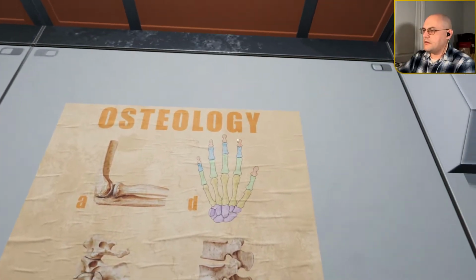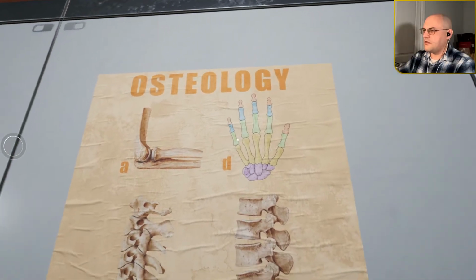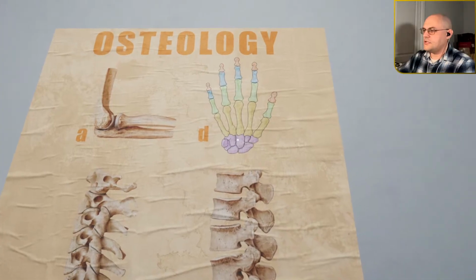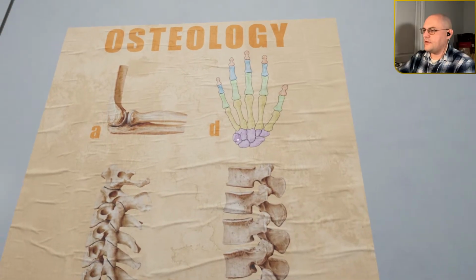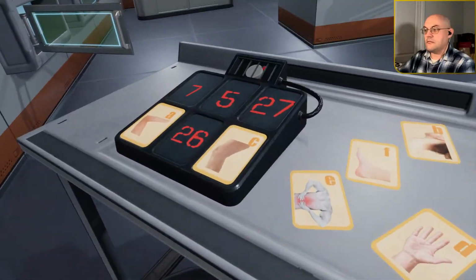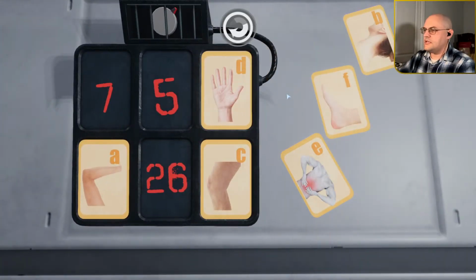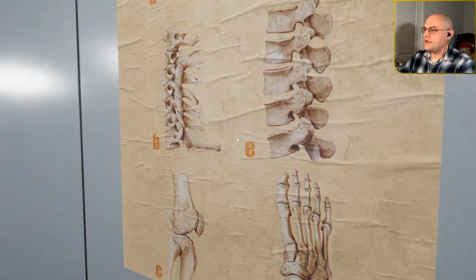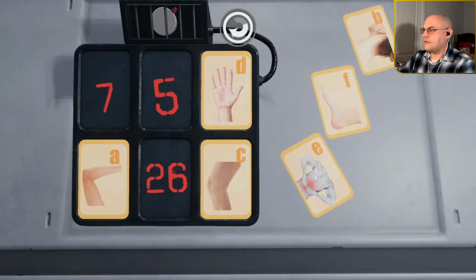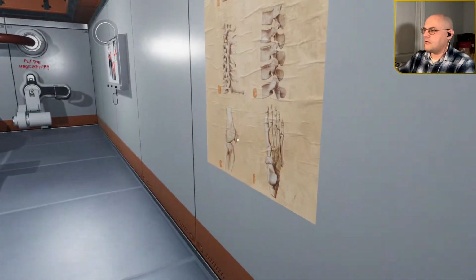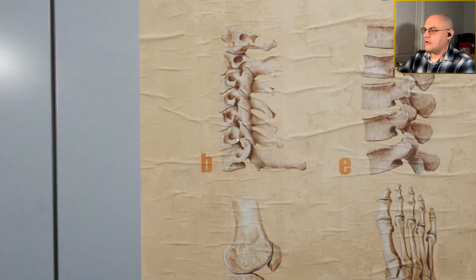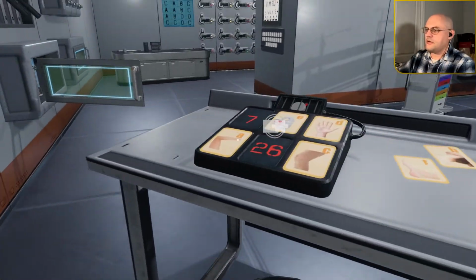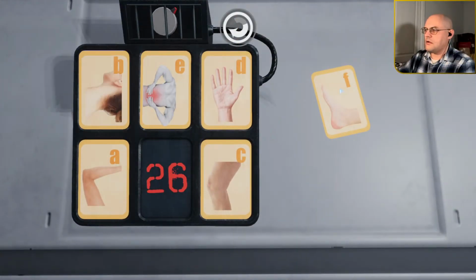D has 5, 10, 15, 19, 20, 21, 22, 23, 24, 25, 26, 27. D is 27. E is 5. I'm guessing B is 7. 1, 2, 3, 4, 5, 6, 7. And F is 26.